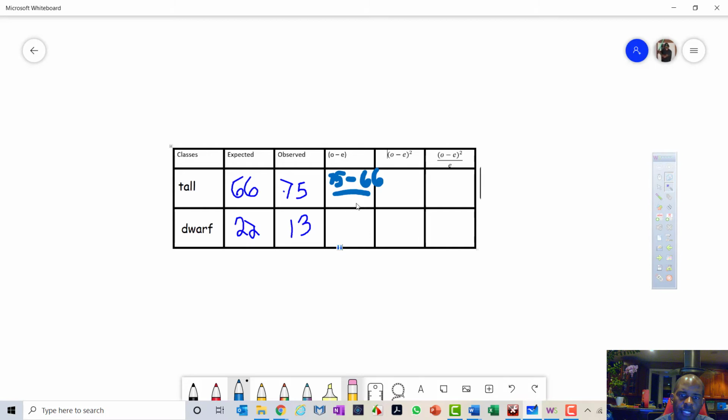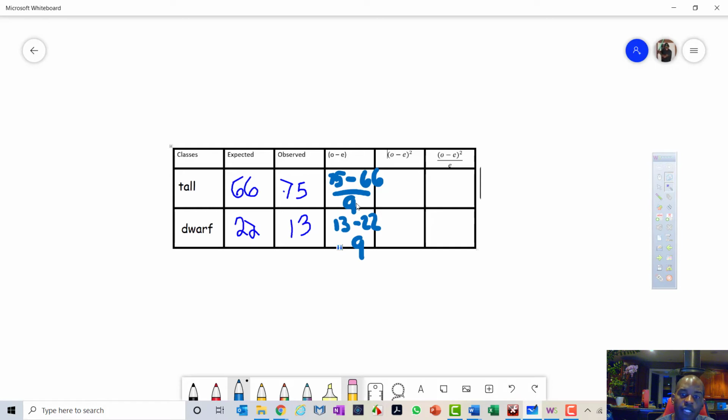Right? And so that's going to be what? 75 minus 66 is, if I was in class, I'd expect an instant answer, but then a lot of you would look at each other because you're not sure of this math, but that would be 9. And then down here, I'm going to have 13 minus 22, and that would be minus 9.